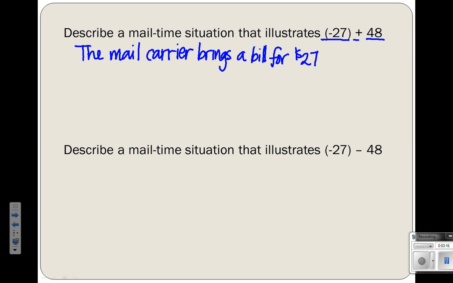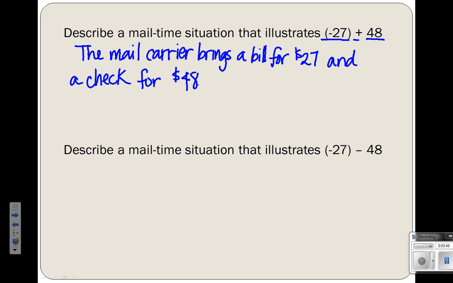Okay, so there's your first number. Then your addition sign means that he's bringing something else. So we'll just put "and" to make sense in our English language. And he's bringing a positive 48. If 48 is positive, it's talking about a check. So he's bringing a bill for $27 and a check for $48.